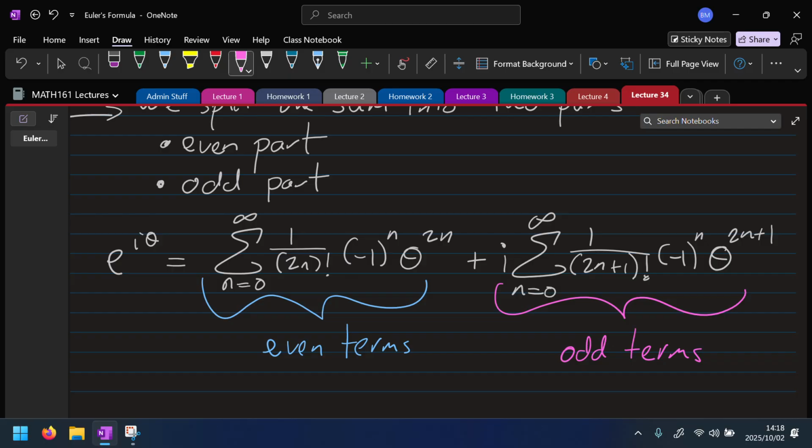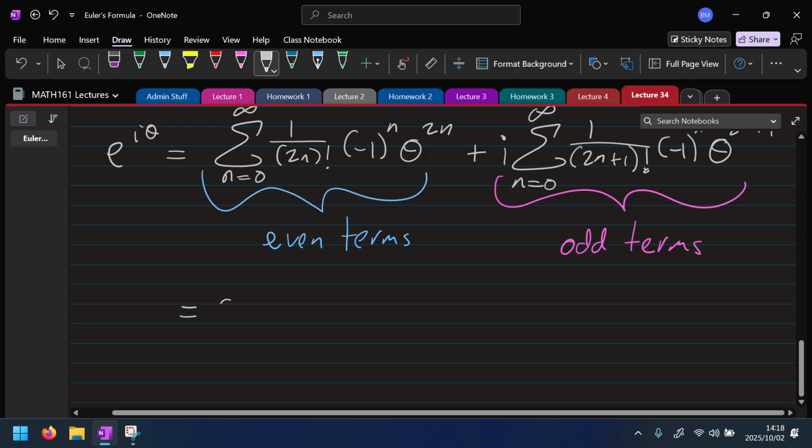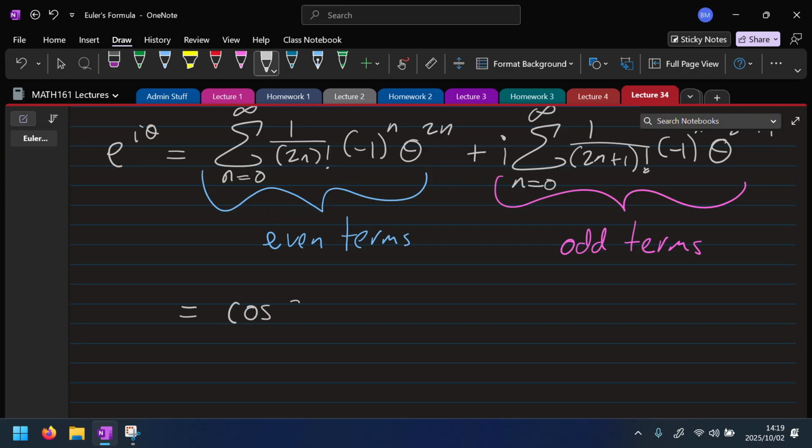And the pink one? Sine, exactly. So this is going to be equal to the even part, that was just cos, plus, and then we have the i in front, we can't forget that. And then the pink part, that was the Taylor series for sine. Okay, end of proof.